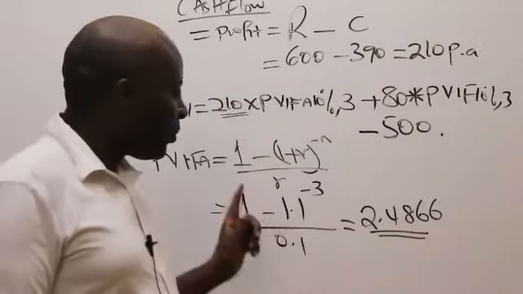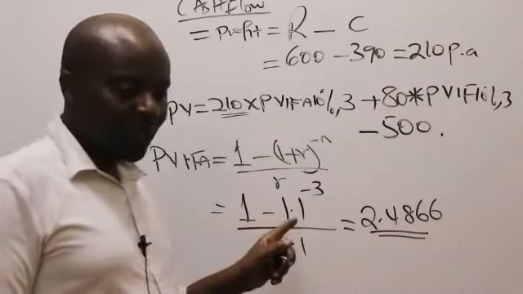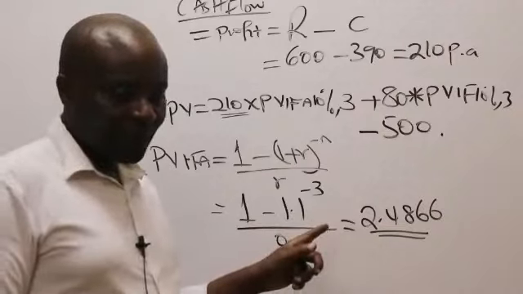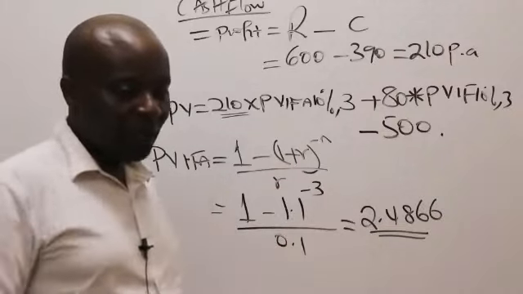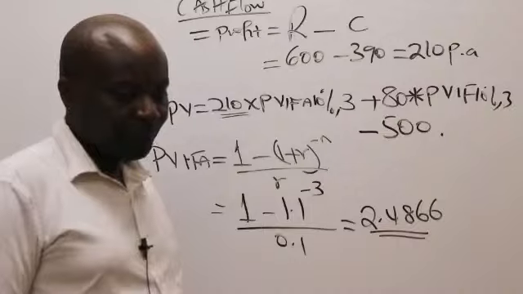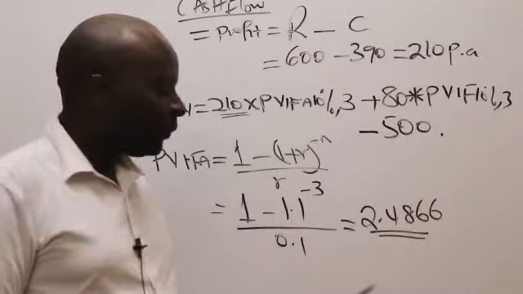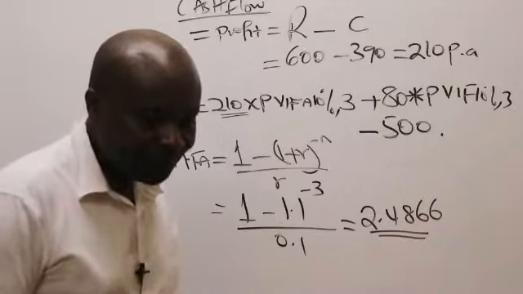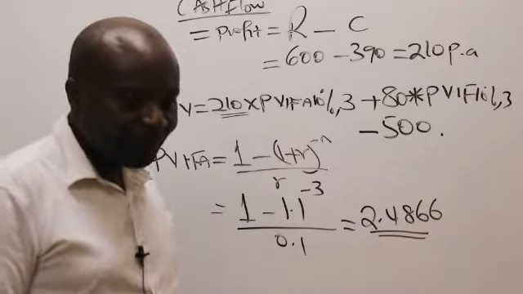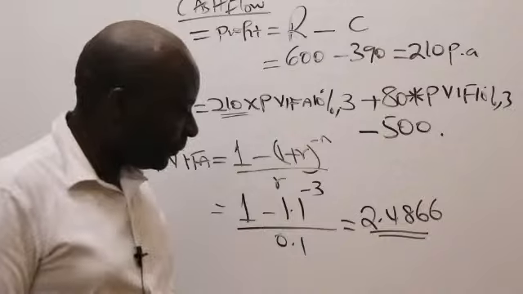So 2.4866. I hope everybody is able to get this figure. If you're able to get the figure, you simply write Y for yes. Able to get this figure? Is it 2.4868?